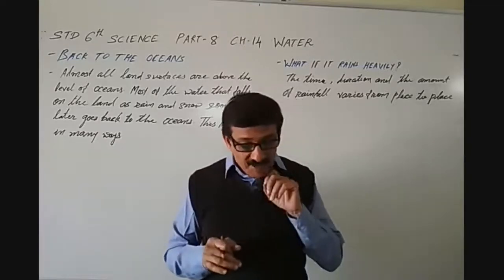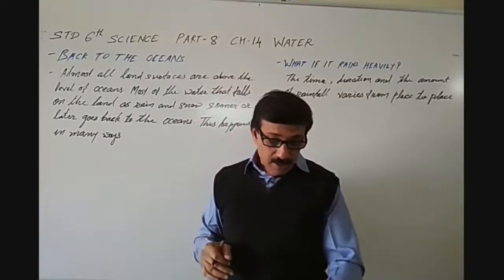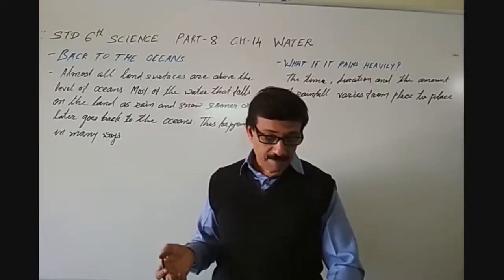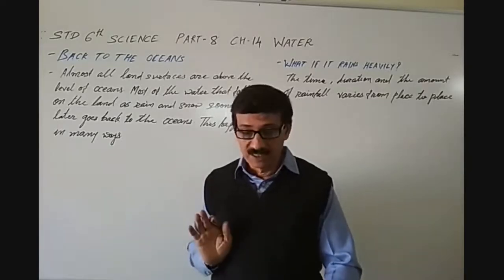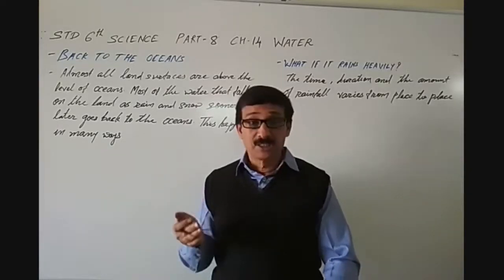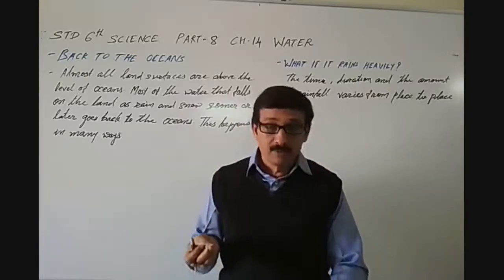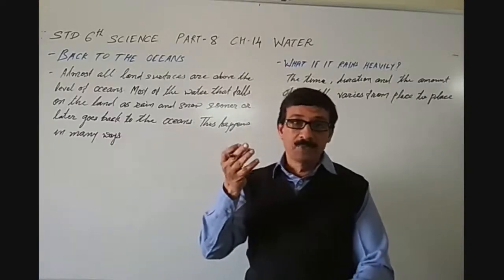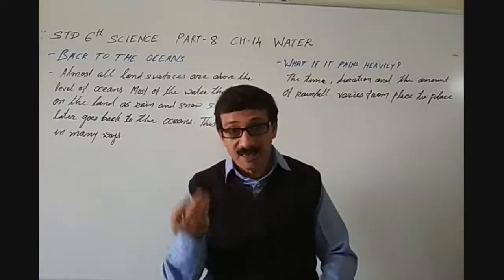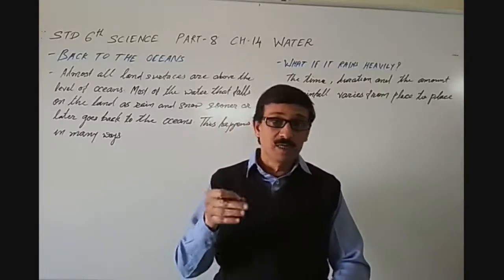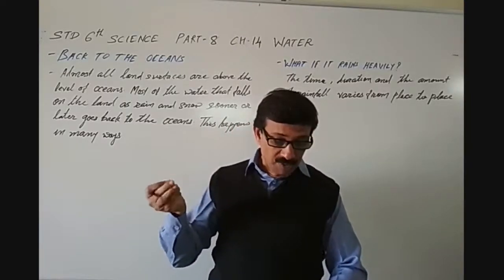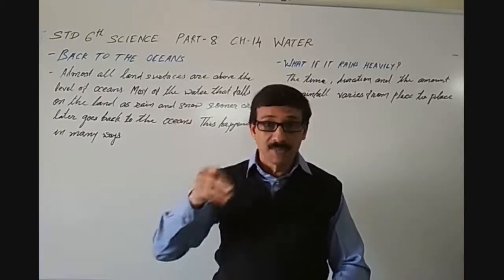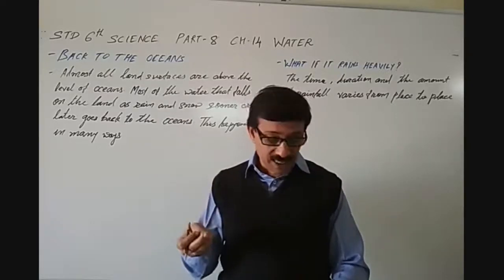Now what happens? Some of this water is brought back to the air by evaporation and transpiration. The rest seeps into the ground. We are talking about the rain on the ground, and it gets absorbed by the land. And some of the water, because of evaporation and transpiration, goes back to the air. Now the rest seeps into the ground.